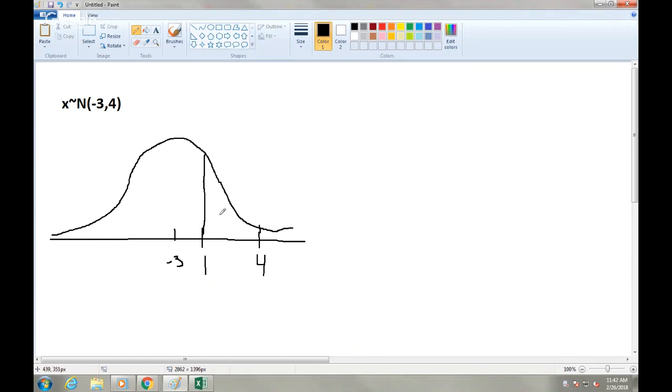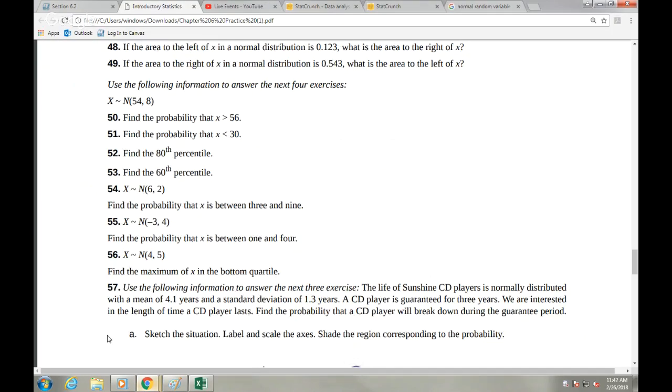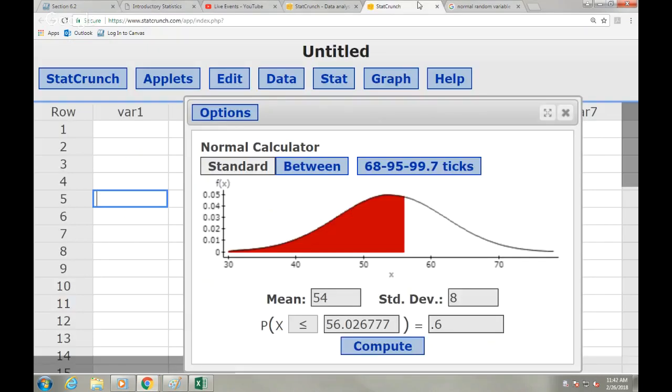And in the days of having to look stuff up on tables, that was harder to find. Now, most of our stuff on computing makes it a little easier, except for Excel. We're going to have to do a little bit of work to get this in Excel. Not much. Okay, so let's first of all go to StatCrunch. StatCrunch has a between button.